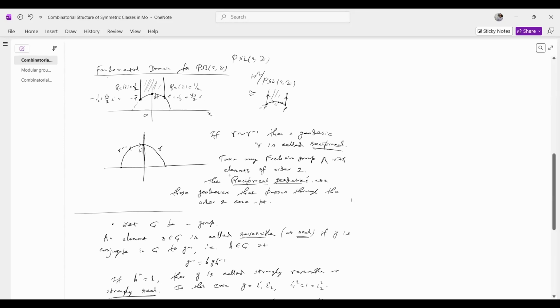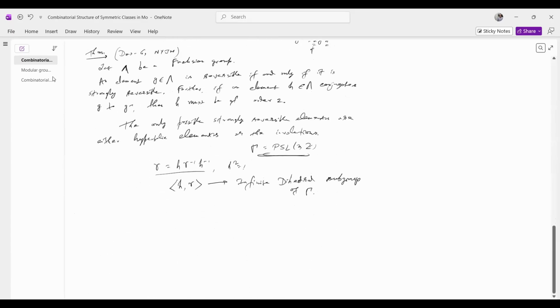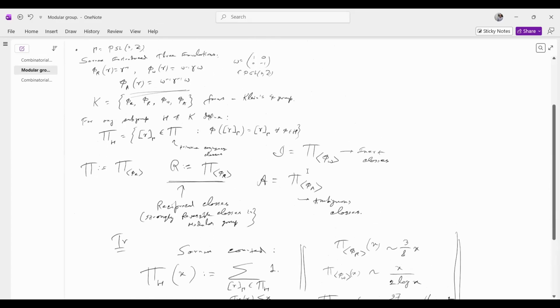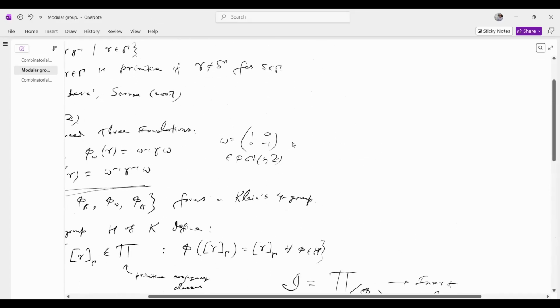So when I am taking a reflection passing through an order 2 point, then reciprocal means the reflection has to be in the modular group. But in the extended modular group, they can be represented by this matrix, 0, 1, 0, 0, -1.